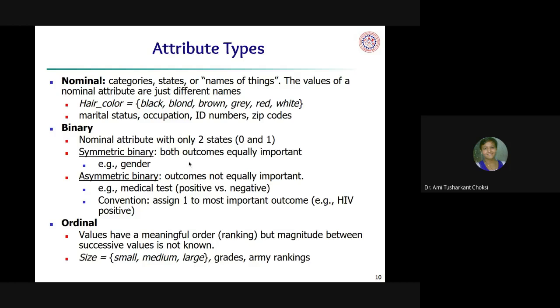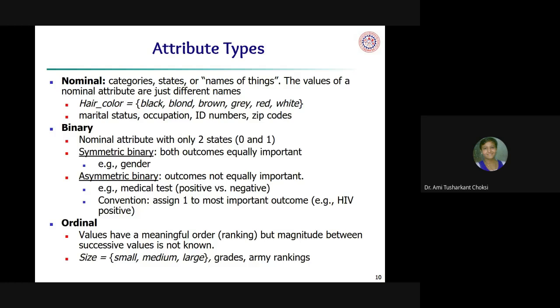Like gender. Though there is inequality between female and male in society, here we say that both outcomes are equally important. Whether we get female or male, both are equally important, right?